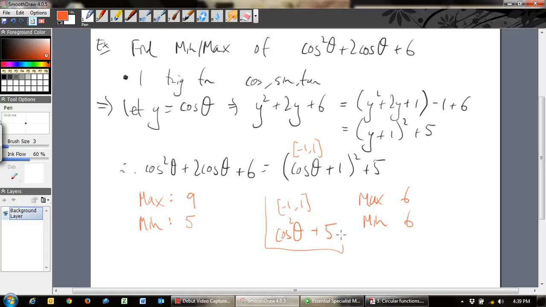So for this one you need to be careful. Your minimum value is going to come from when cos theta is equal to 0, so that's 0 squared plus 5, and the minimum value is 5. So just be careful with the range of negative 1 to 1 when finding minimums and maximums.